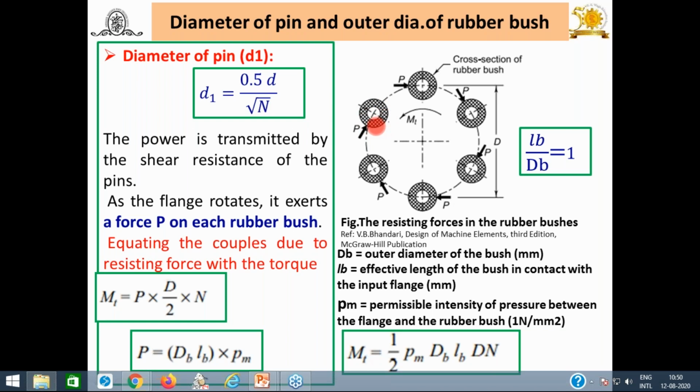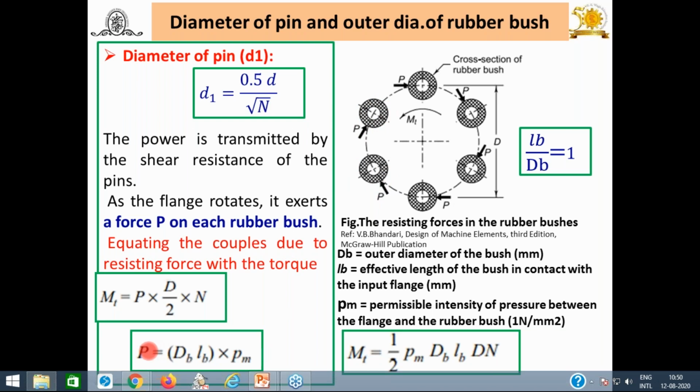What is happening? Bearing pressure plays an important role. Try to understand bearing pressure. Because of the rubber bush and brass bush, there may be a possibility of relative motion. If there is bearing pressure and relative motion, as I have already explained, you can take the permissible intensity of pressure on this rubber bush.